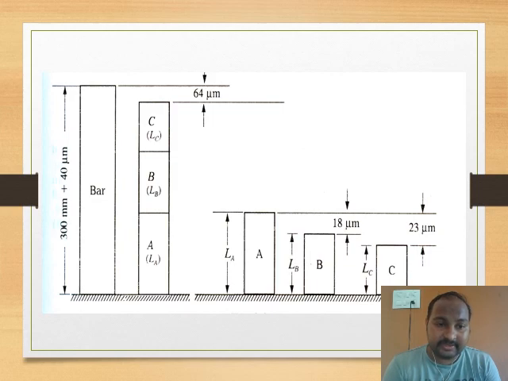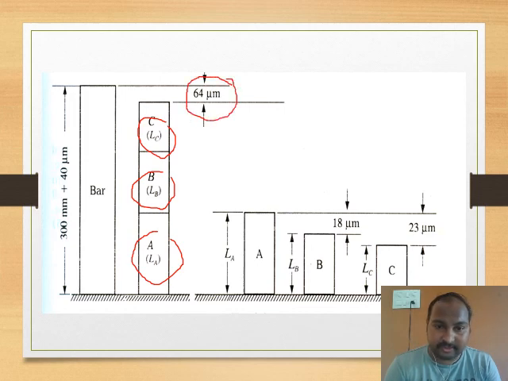Here the figure is according to the problem: capital L, the standard 300 length bar, is equal to 300 plus 40 microns. When I add LA plus LB plus LC, I get shorter by 64 microns.